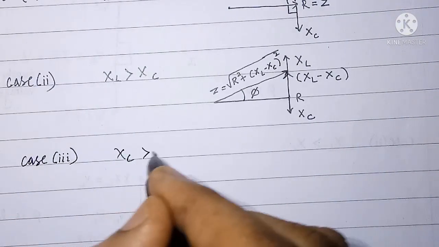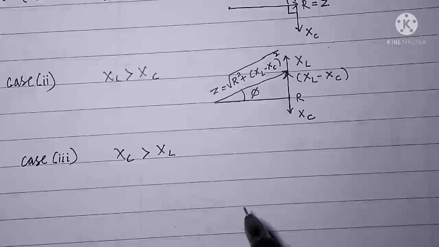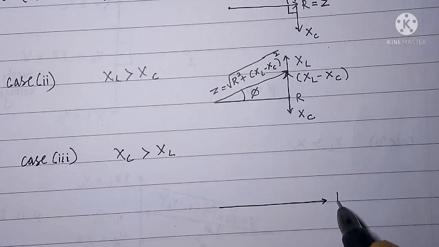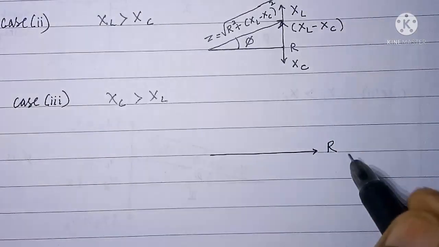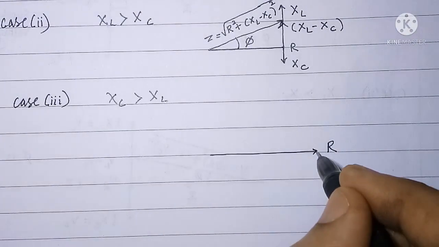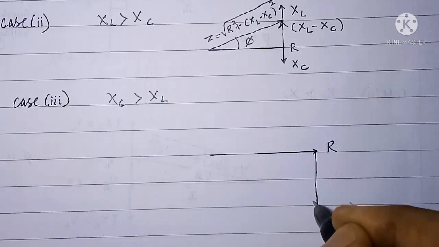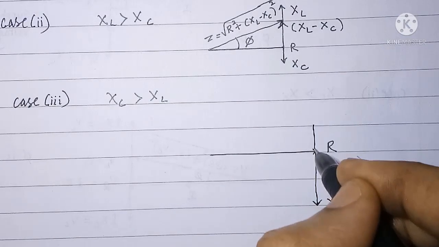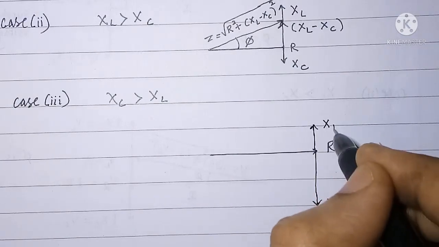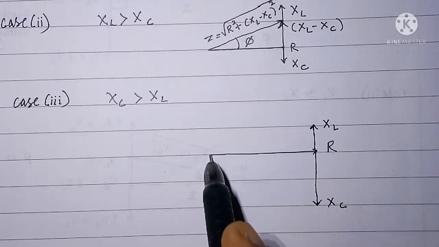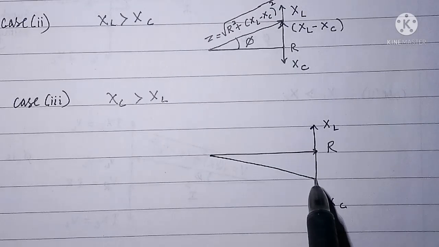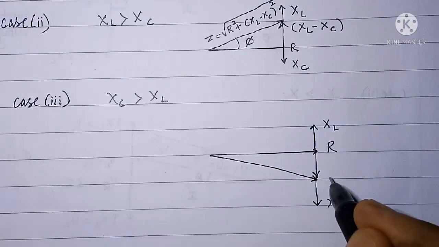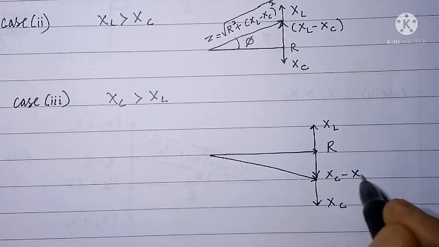Case 3, for XC greater than XL. R is taken as reference. XC greater than XL will show here. So XC minus XL is not equal to 0. The phasor here shows XC minus XL.